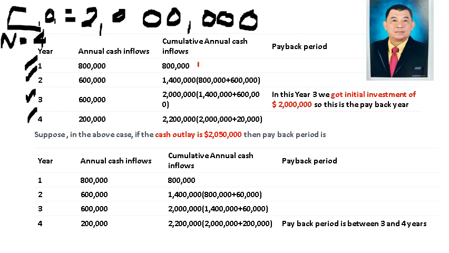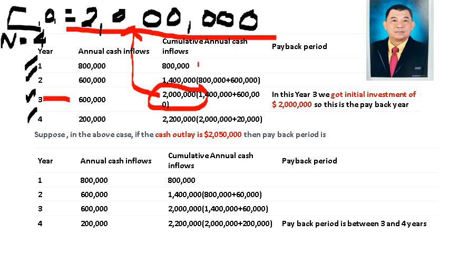Now, so you can see, no? You can see that in this third year, your cumulative cash inflow is basically equal to your initial capital investment.